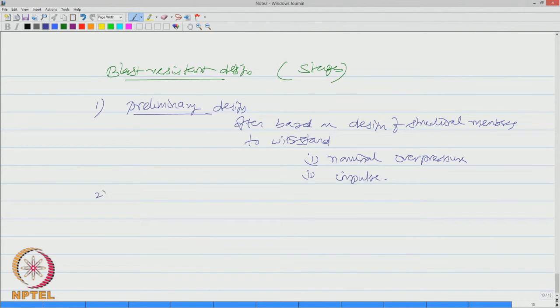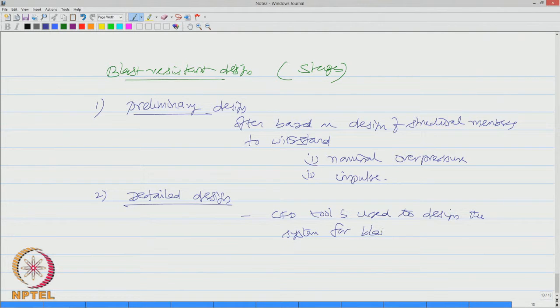The second stage could be detailed design, so computational fluid dynamics tool is used to design the system for blast loads.